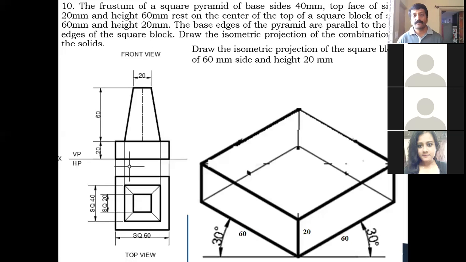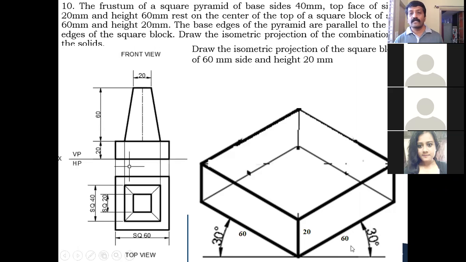After this, let me start the isometric projection. First let me draw the isometric projection of the base of the solid, that is the square slab or the square block. So how to do this? You draw one horizontal projector line, take any one point, and draw a 30-degree line on either side of the point. Now on this, you take the side, that is 60 millimeter, any one side of this box, and convert that into isometric scale.